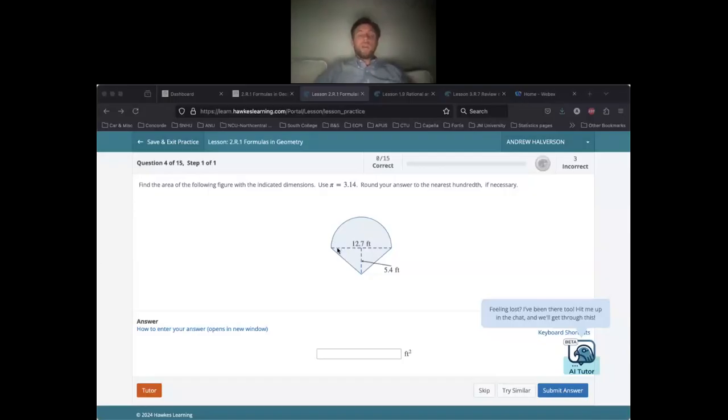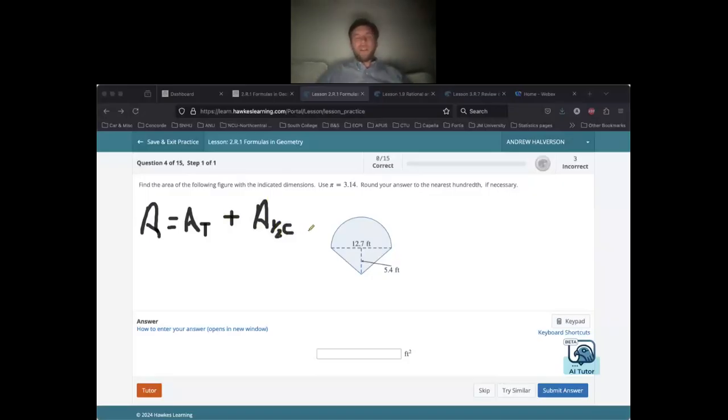So here, when you have something like this, notice this is really the joining of two shapes. This is a triangle, and this thing up here is a half circle. So the way we're going to do this one is that the total area is the area of the triangle added to the area of the half circle.